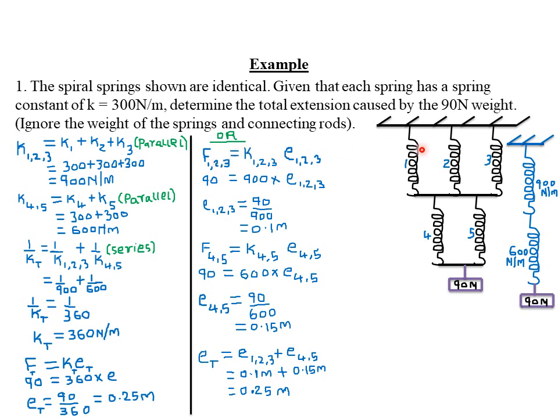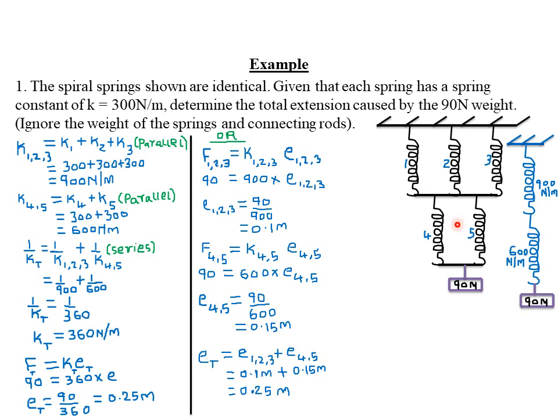Now, because the weight is acting downwards, the weight acting on springs 1, 2 and 3 is still the 90 Newton. Because remember, we did say that we are ignoring the weight of the springs and the connecting rods.